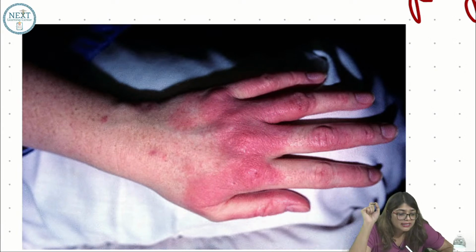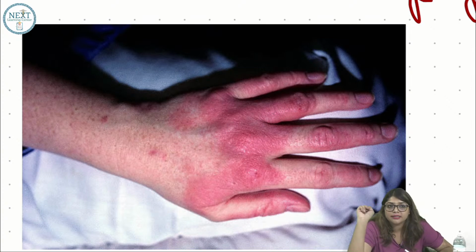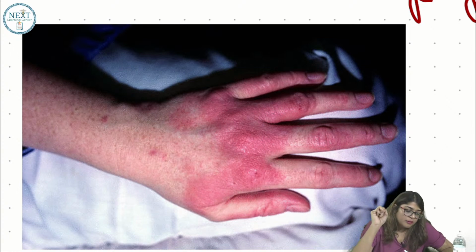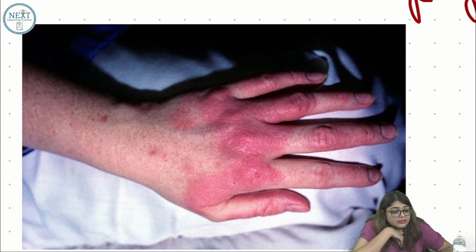And one question that comes in contact dermatitis is what kind of hypersensitivity is it? Tell me. What about allergic dermatitis?